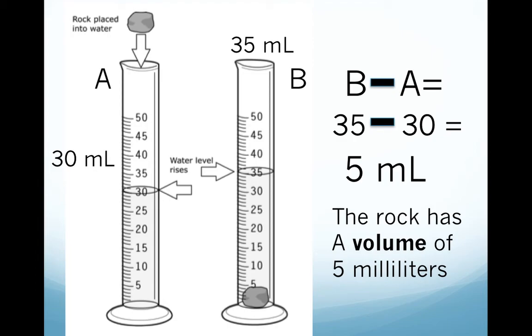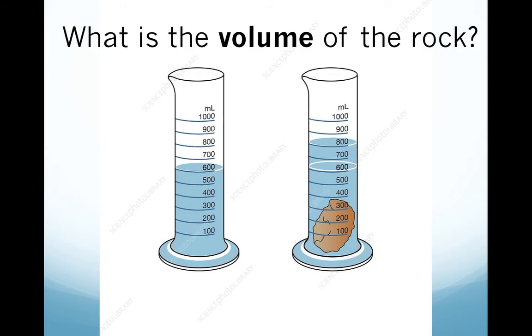Understand? Let's try again. What is the volume of the rock? Remember, when we put the rock in, the water goes up. This amount of water is the same volume as the rock. So, we have A, which is less than B. A is how many milliliters? 600 milliliters.